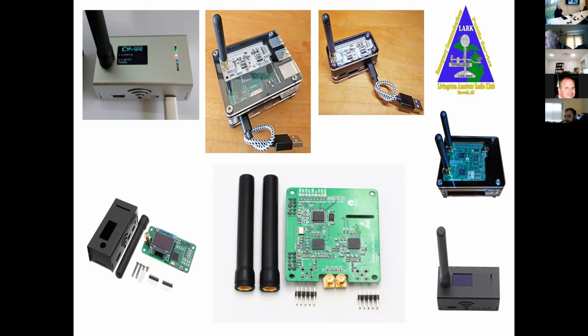I have a Netgear small business router that's glued onto my back window. And it doesn't have any Wi-Fi in it. It has an Ethernet port that I go down to a 5-port switch, and then I go to 4 Pis. One for DMR, one for D-Star, one for Fusion, and one for AllStar. So I flip a switch, they all boot up, and they all connect to wherever I have them self-programmed to connect to.